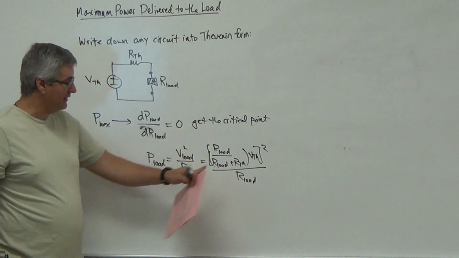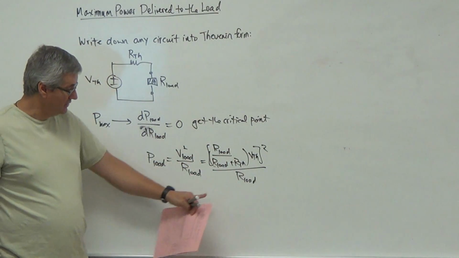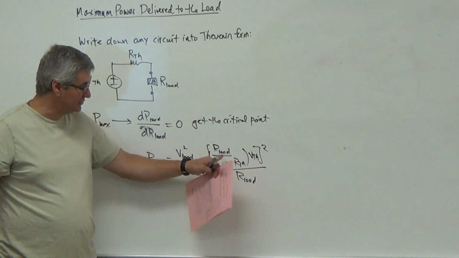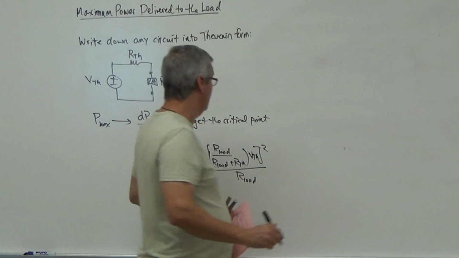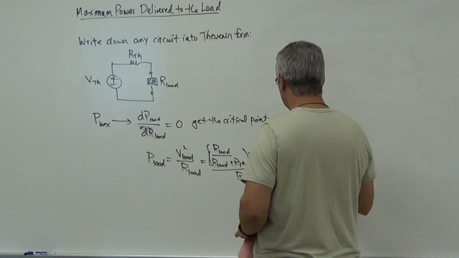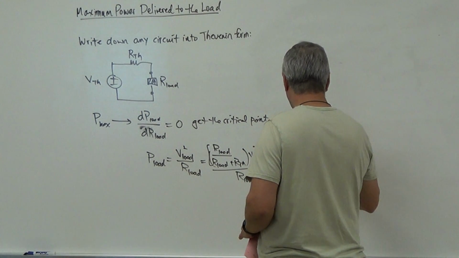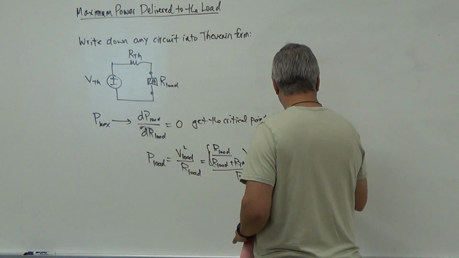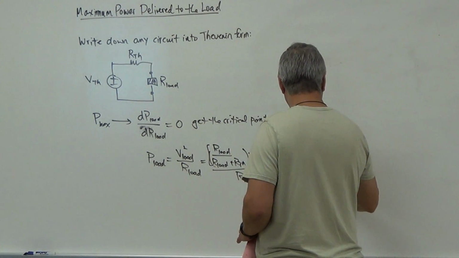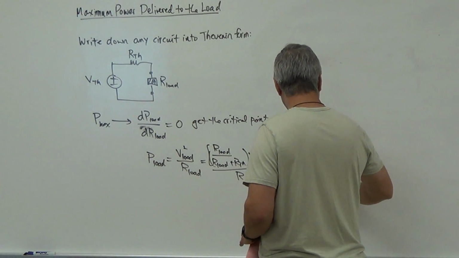And you can see that this whole thing is squared, so I could cancel out one load resistor with that one. So if I do this, what you'll see here is that I'm going to get R load divided by R load plus RTH.